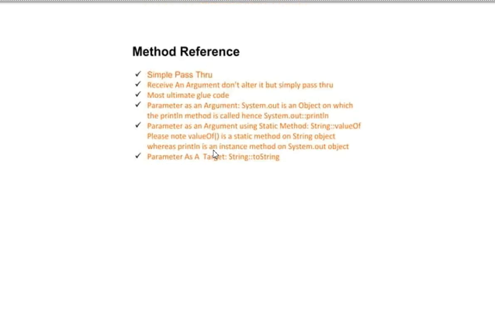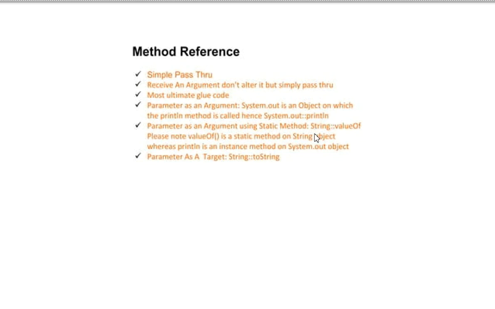So next comes the major feature, method reference. A method reference is a simple pass through: receive an argument, don't alter it, but simply pass it through. Most ultimate glue code. Parameterize an argument: System.out is an object on which the println method is called, hence System.out::println.